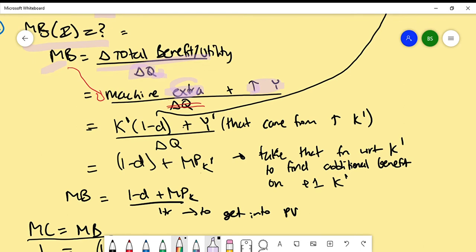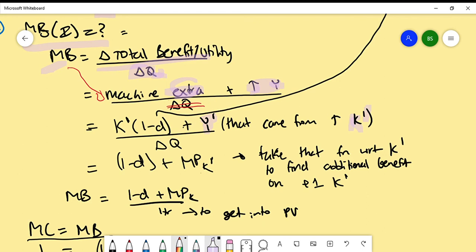I'm slightly confused why that's that. Hold on. So the increase in the income is the future income that came from the increase in the... Okay, so with the new investment, our future K is now bigger.